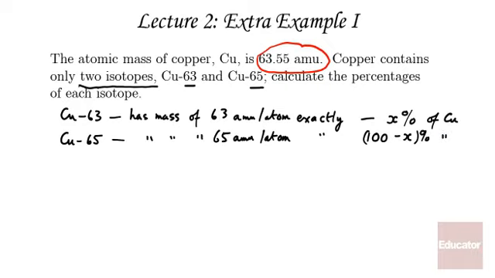That's because, let me stress this again, there are only two isotopes. If one is present to the extent of X%, the other must be present to the extent of 100 minus X% because their percentages must add up to 100%. They are the only two isotopes.